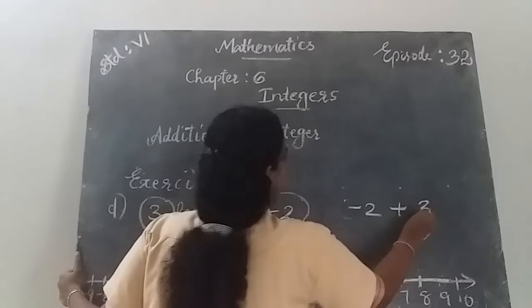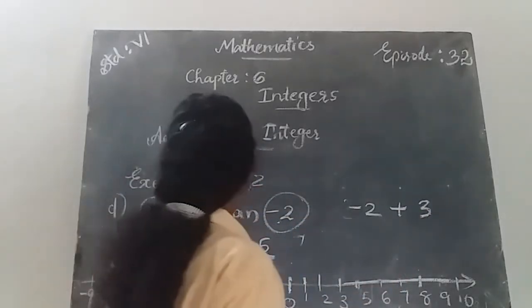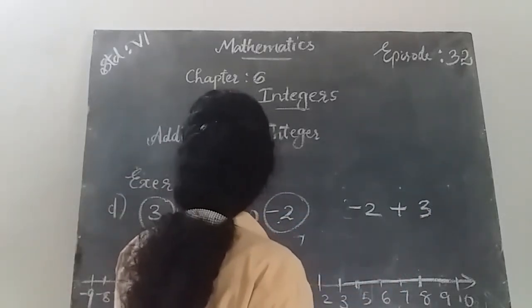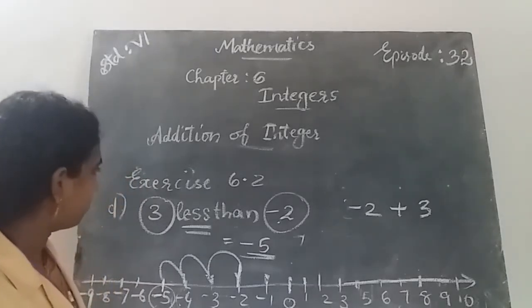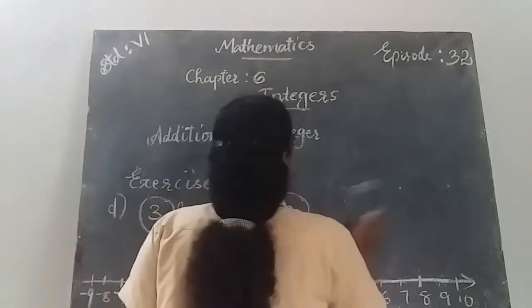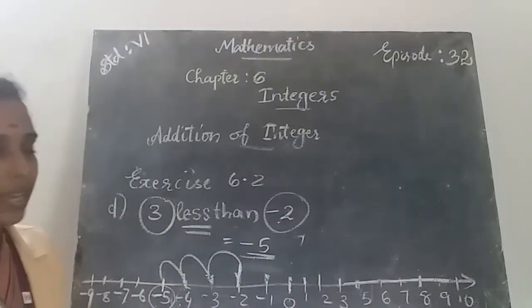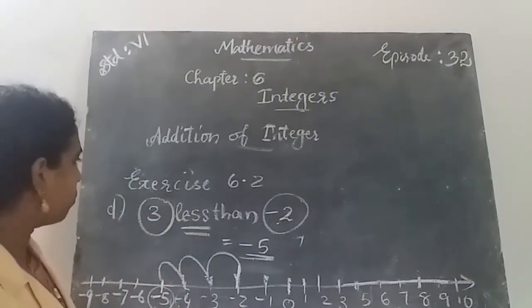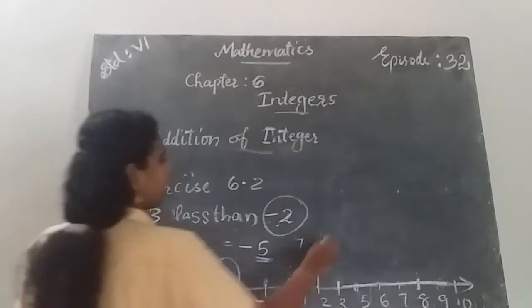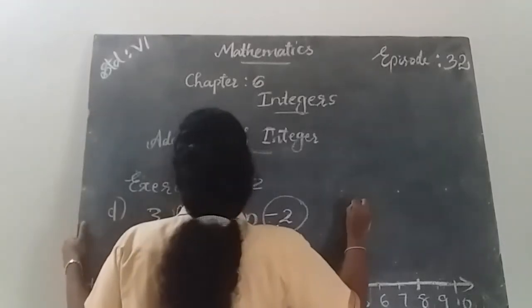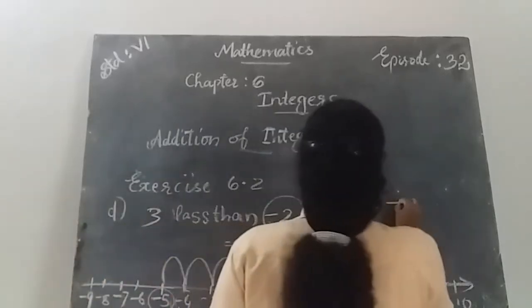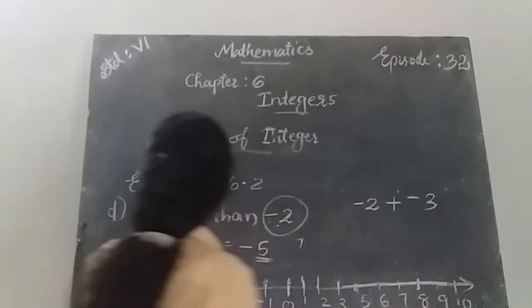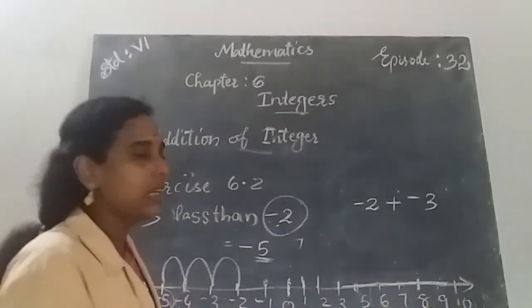Or, if we add, 3 less than -2 means -2 plus -3. 3 less than means -3.